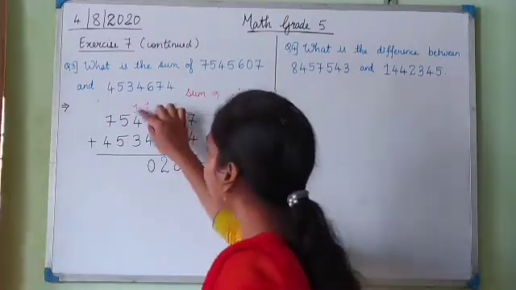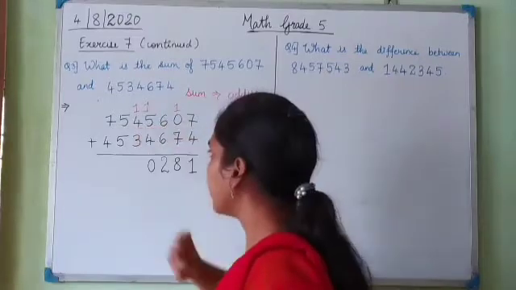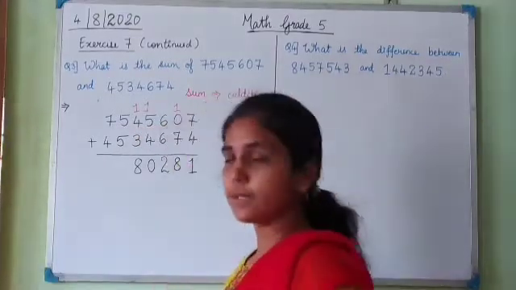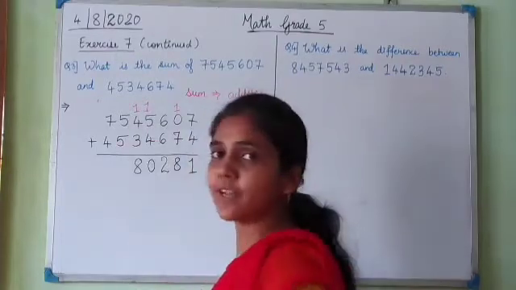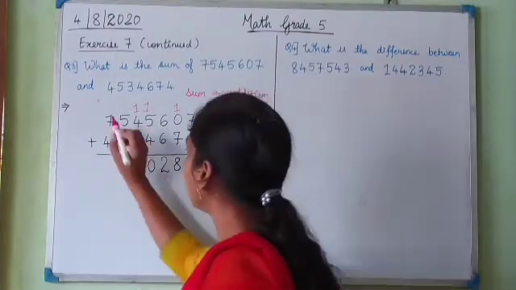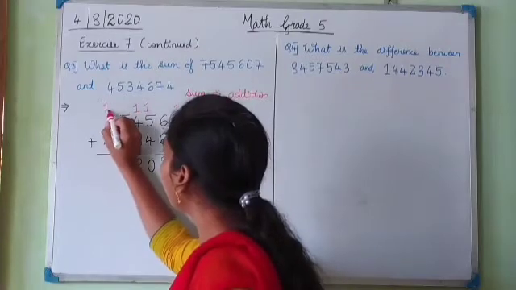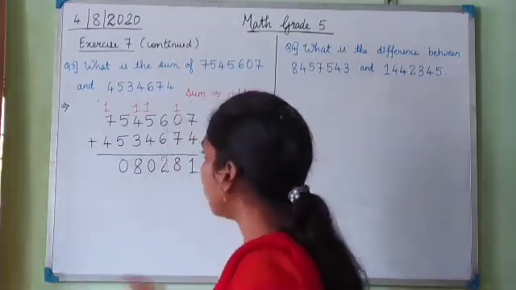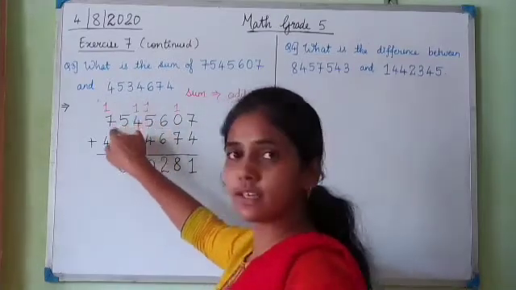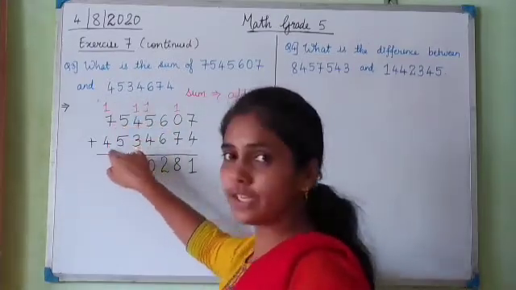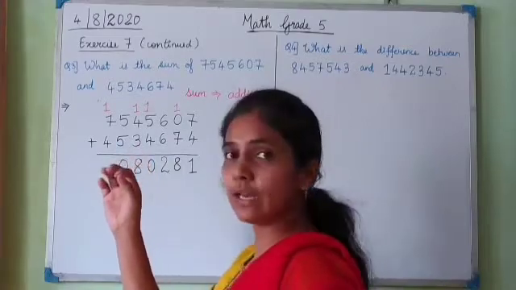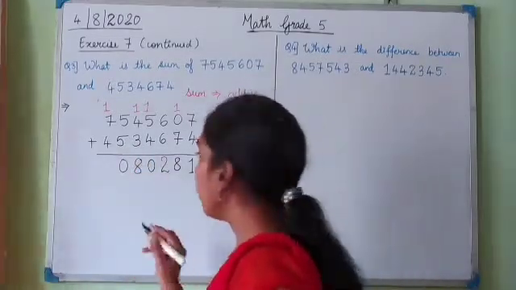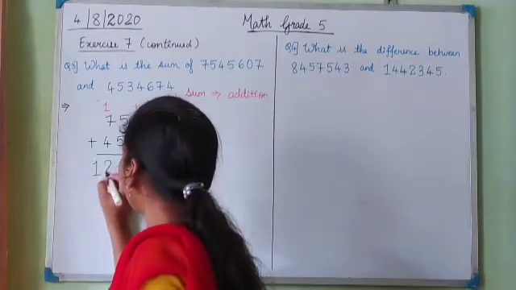Now 1 plus 4 is 5. 5 plus 3 is 8 and 8 is a single digit number, so I write it down only. Then 5 plus 5 is 10. 10 is a 2-digit number, so I write 0 here and the 1 is carried to the next. So 1 plus 7 is 8 and 8 plus 4, after 8 count 9, 10, 11, 12. So the number is 12 and here all our numbers are over, so we write 12.